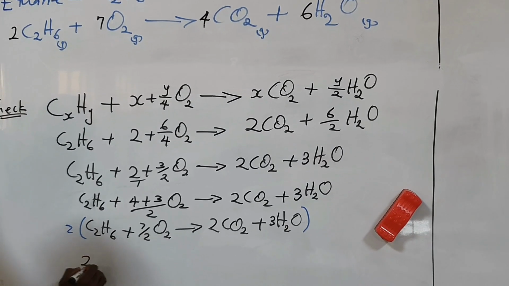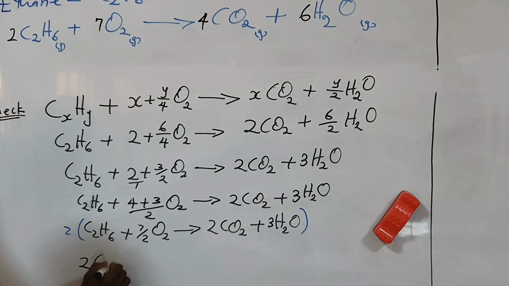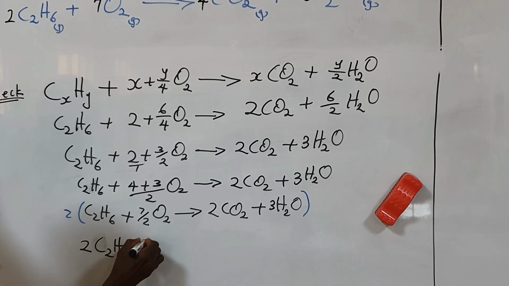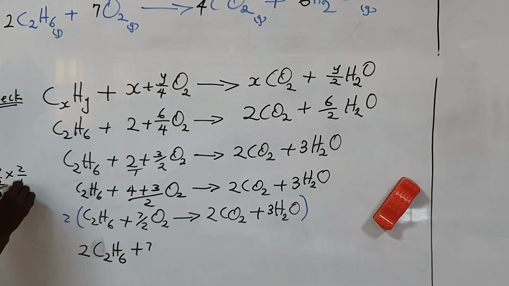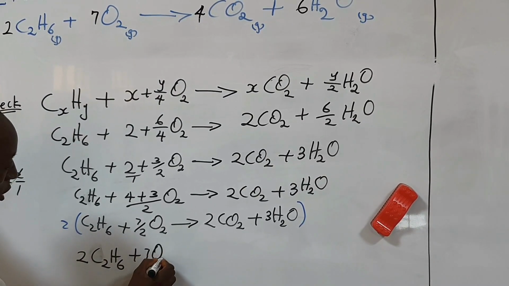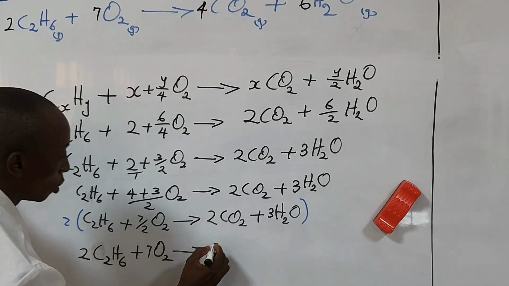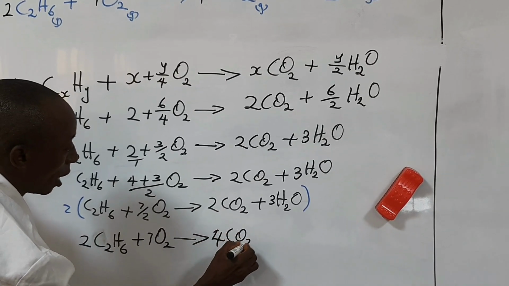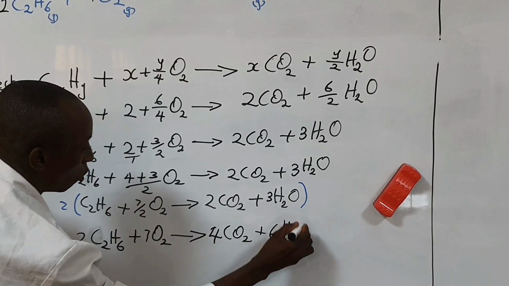So this becomes 2 moles of ethane plus 7 over 2 times this 2, cut it off and you have 7 oxygen atom, and multiply 2 times this 2, making 4 moles of carbon dioxide, and 2 times 3, 6 moles of water.